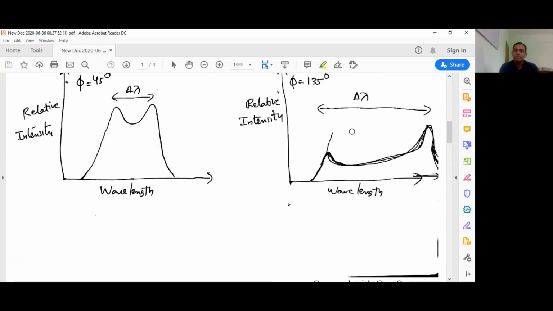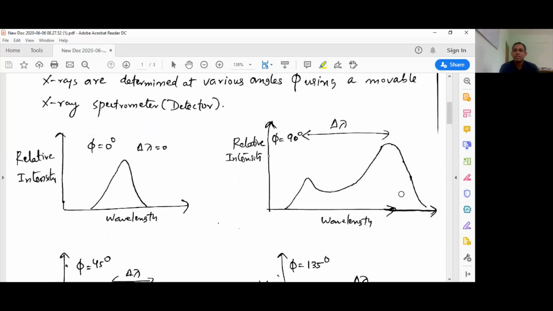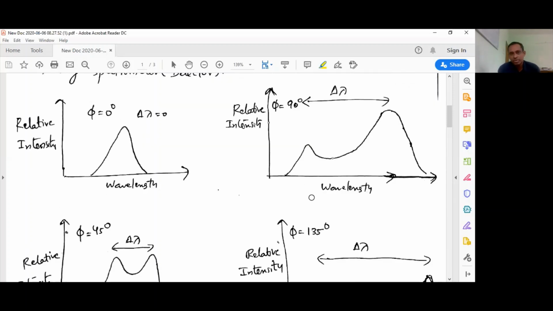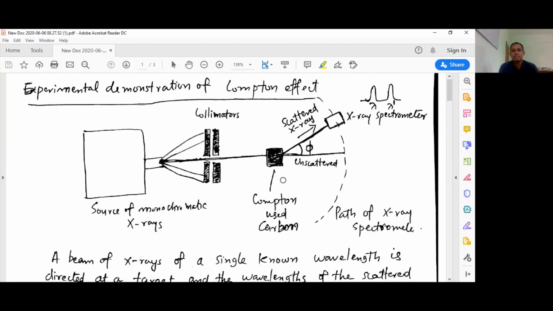This second wavelength is due to the scattering of photons by free electrons in the target. There are free electrons in the target. Free electrons are those electrons in the outermost orbitals, which are loosely bound to the atom. They can be considered as free electrons.